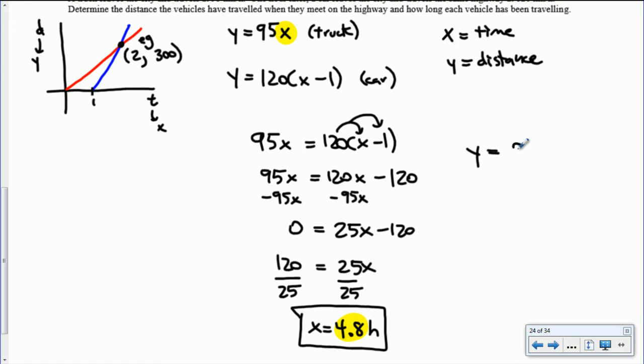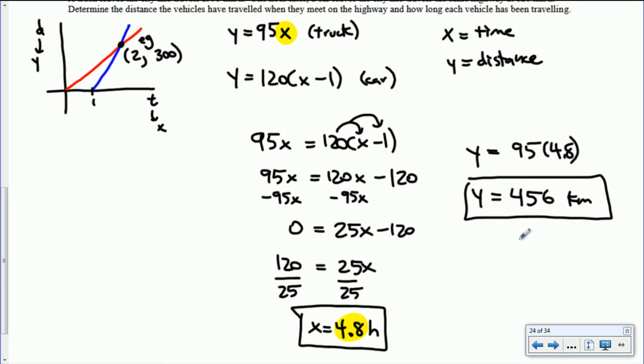So y equals 95 times 4.8. Y is equal to 456, and that would be kilometers. So at 4.8 hours, the car and the truck have traveled 456 kilometers, and that is the point that they meet.